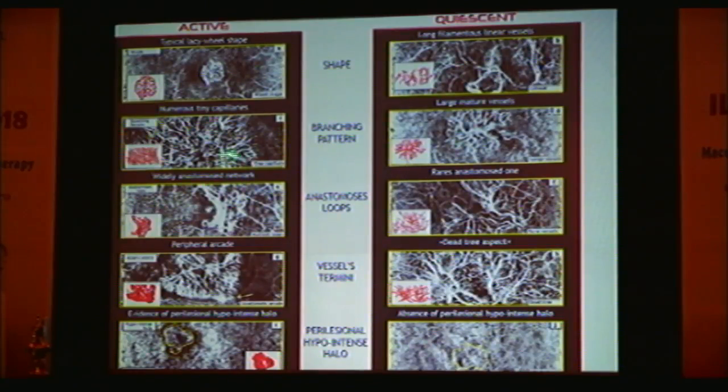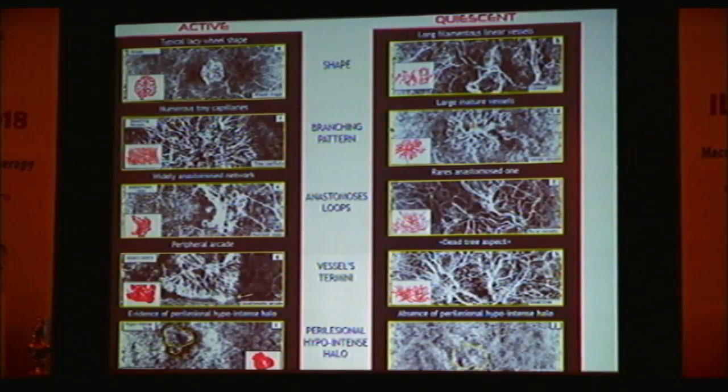So you can have a widely anastomosed network. The more the anastomosis, the more the loops between the vessels, the more the activity. And in the peripheral arcade, if at the margins you have all those small lacy vessels, that means there is activity. And most of the time, you see this perilesional hypo-intense halo.